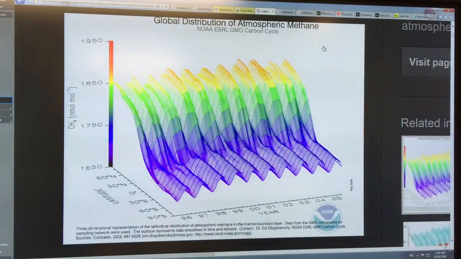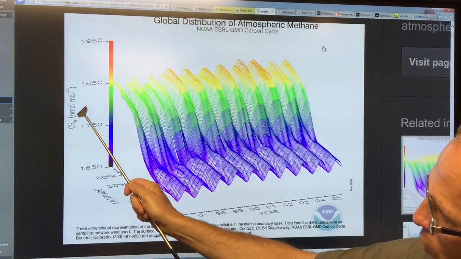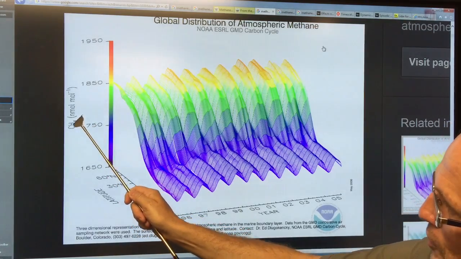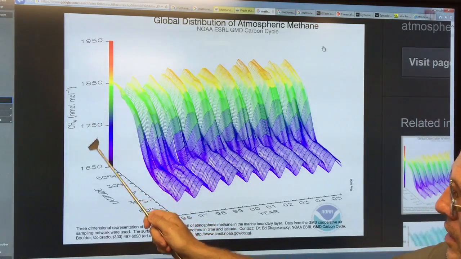Okay, so in terms of the global distribution of atmospheric methane, here we go from 1996 to 2005. We go in latitude from the South Pole to the North Pole, and this is a concentration of methane. The units are nanomoles per mole, or in other words, parts per billion: molecules of methane per billion molecules of air.